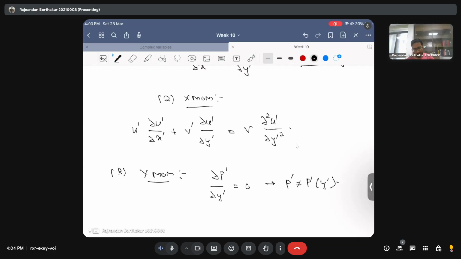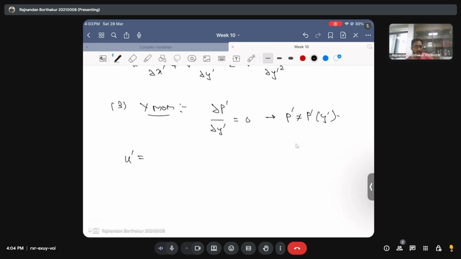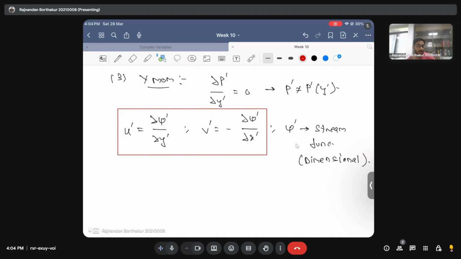Now we define something known as the stream function: u prime equal to del psi prime by del y prime, and v prime equal to minus del psi prime by del x prime, where psi prime is the stream function. Of course, this is also dimensional. We saw that this very definition of the stream function shows that the continuity equation is trivially satisfied.